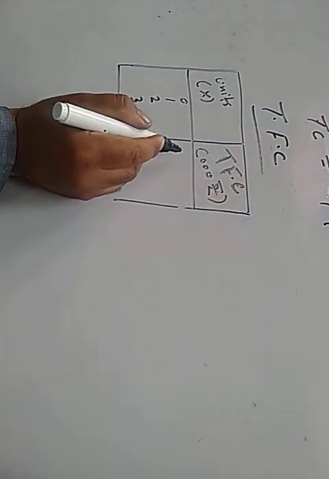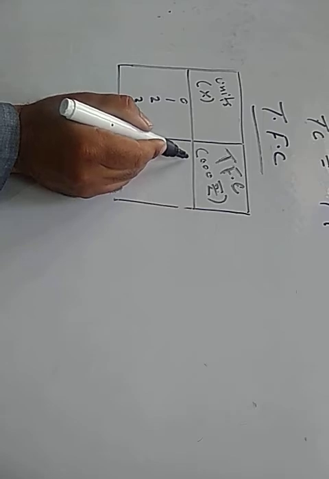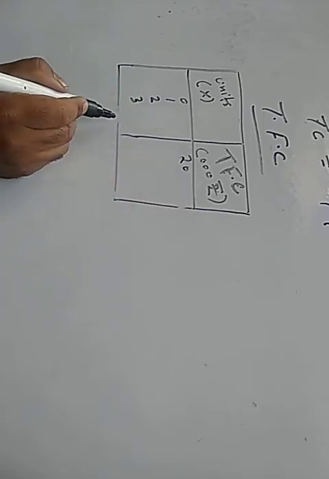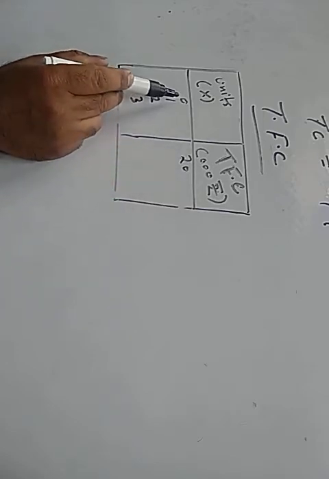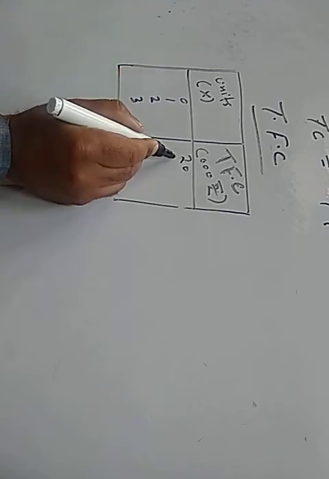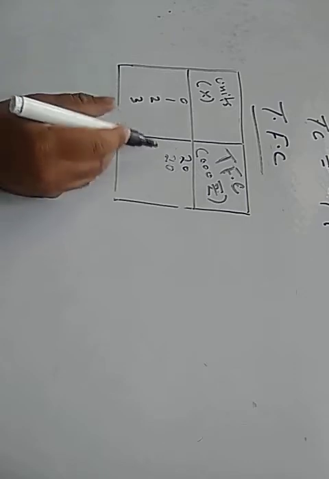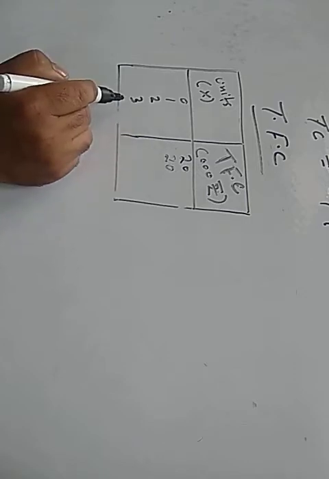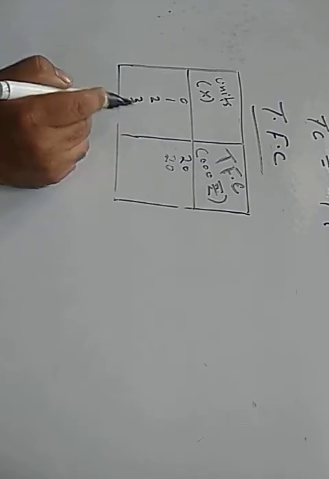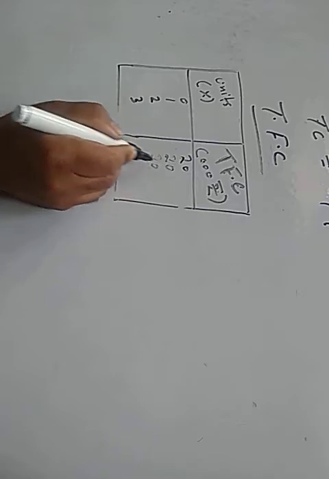This is the symbol of Indian rupee. Suppose it is equal to 20,000 when production is 0 units, and it will remain the same for every other unit of commodity X: 20,000, 20,000 and 20,000.